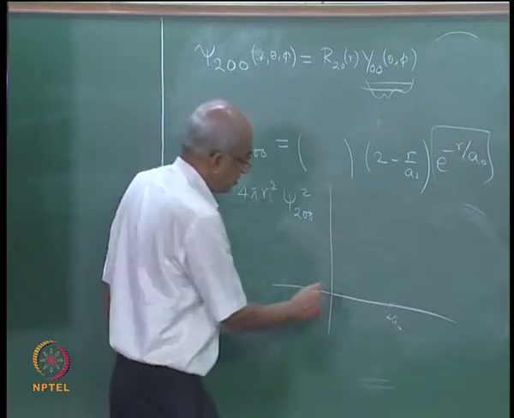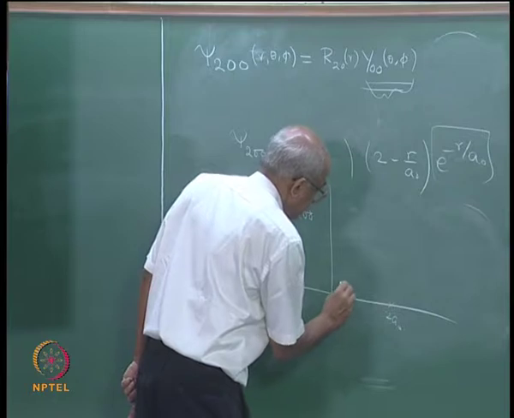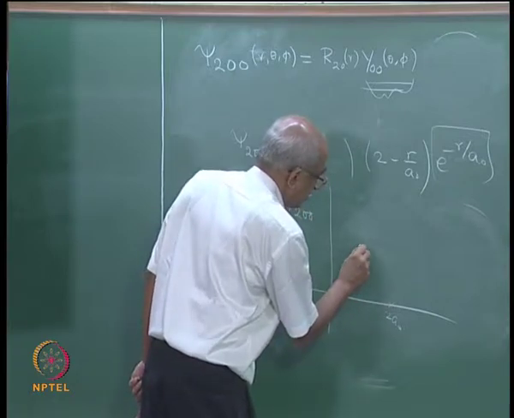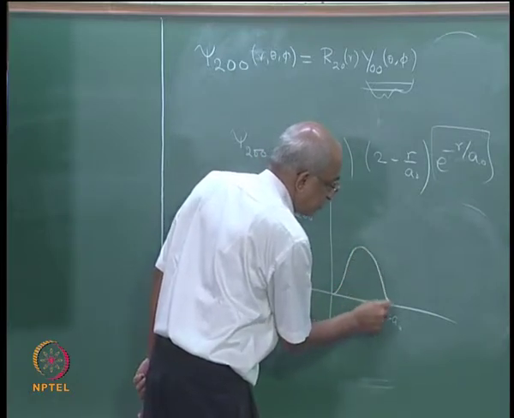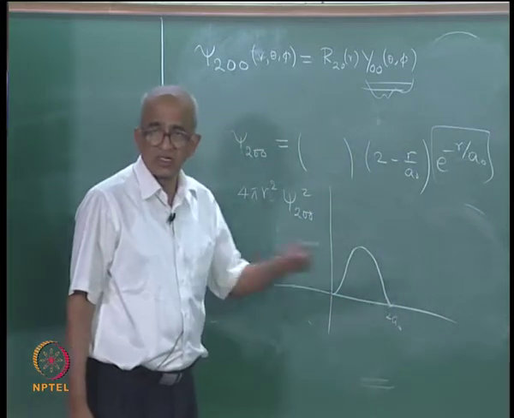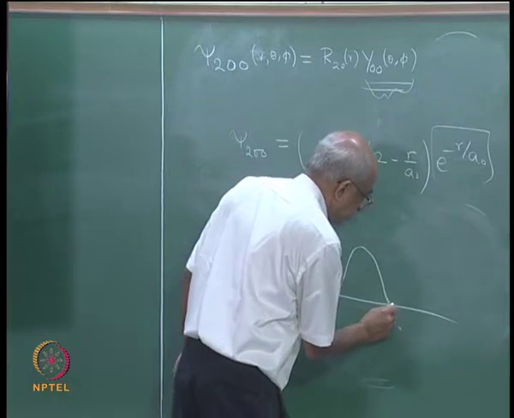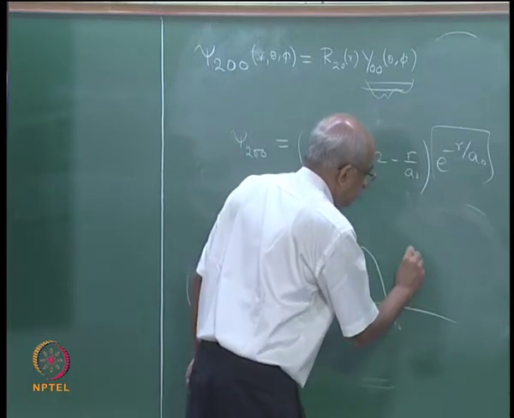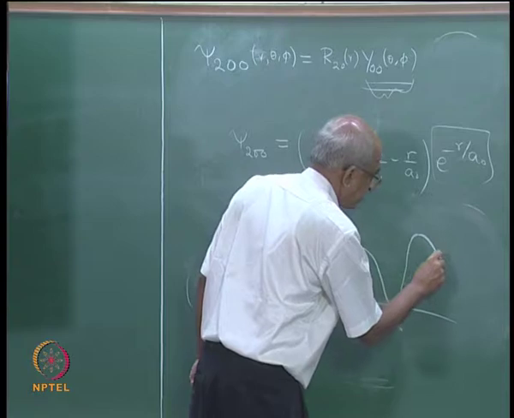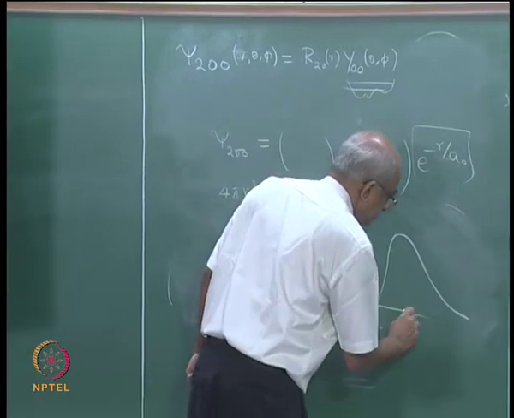So, it will start with 0 here, it will increase to some value, then it has to decrease to 0 at this point, because there the wave function is 0, and then beyond that the function still is positive. So, it will increase to a larger value perhaps, and then it will decrease.